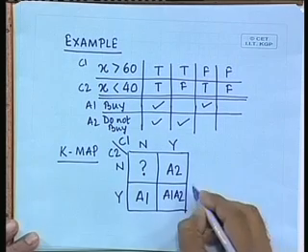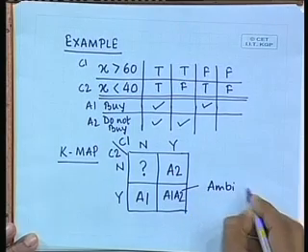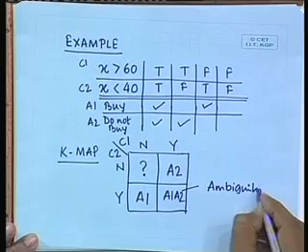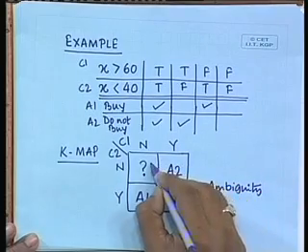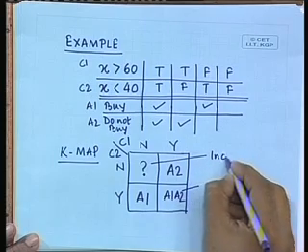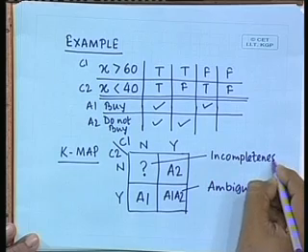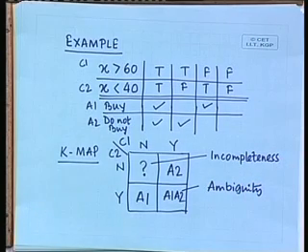First one, this shows ambiguity, and this shows incompleteness, right. So, this is the KMap for this simple example, and it is also seen in the original decision table, but KMap highlights it in a very nice manner.